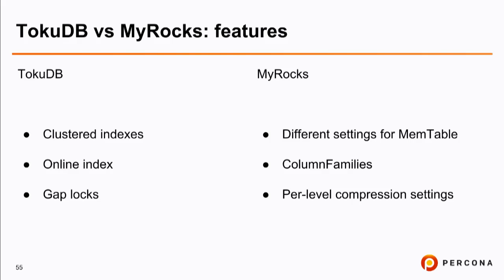It also has column families, which allow you to tune parameters individually for a certain index or set of indexes. And parallel compression settings are a very interesting thing too, because you can, for example, use the lowest compression settings for the lowest levels and achieve the best performance.